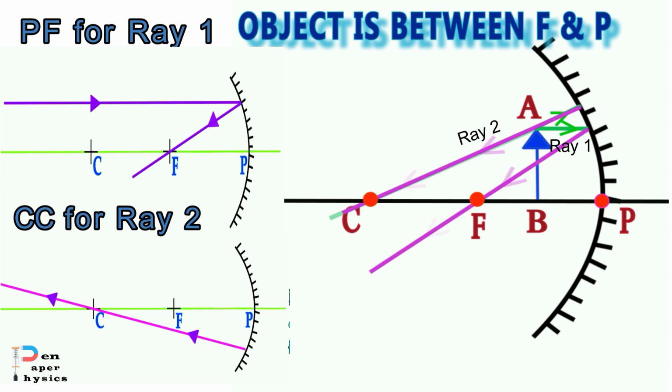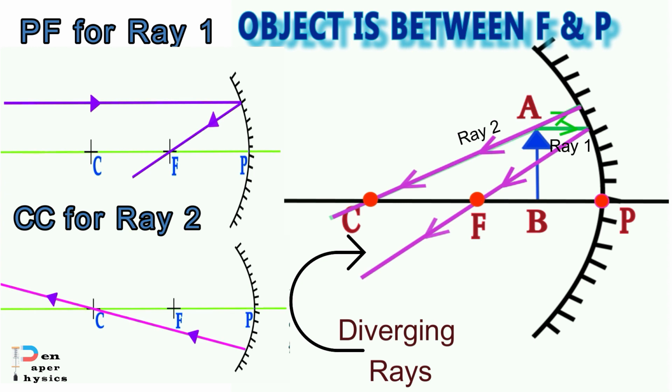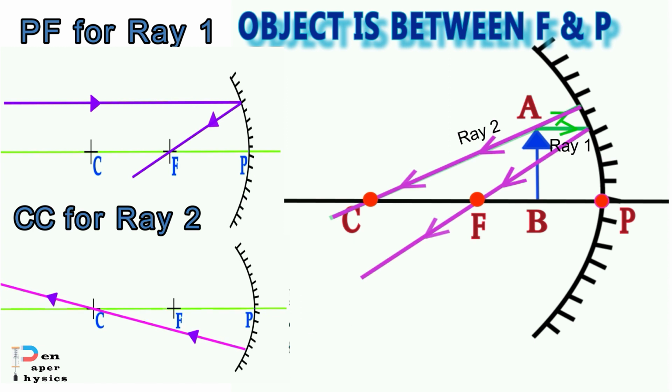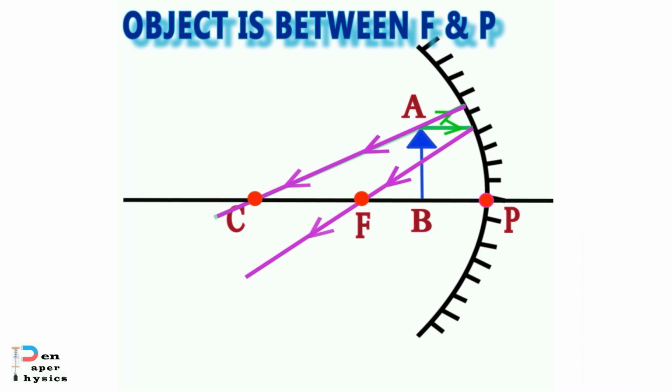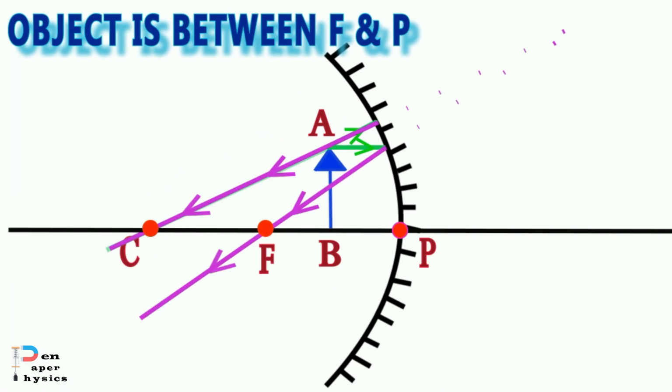So for ray 1, the light ray is passing through focus, and for ray 2, it's the same path that light ray is tracing. Now here, it's clearly visible that the light rays in this case are diverging rays, and diverging rays are never going to meet at any point. So the next thing that we will do over here is we will extend the reflected rays in backward direction.